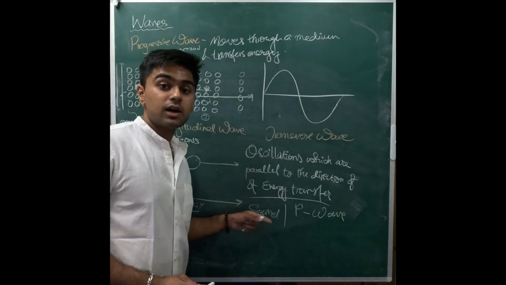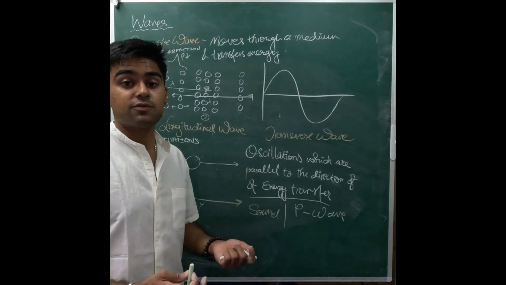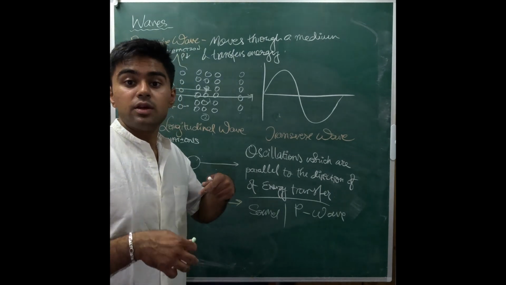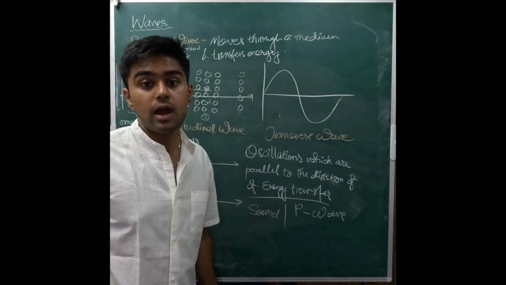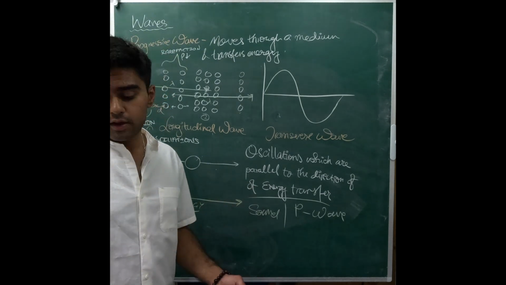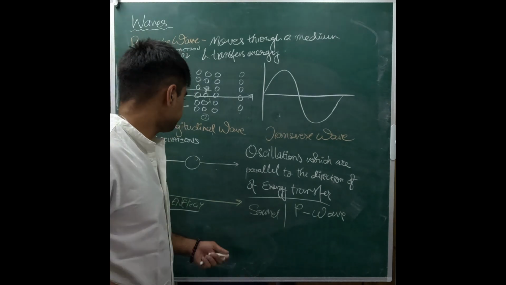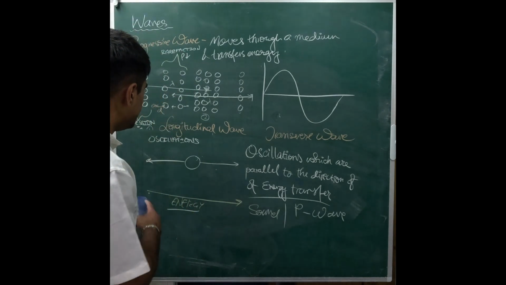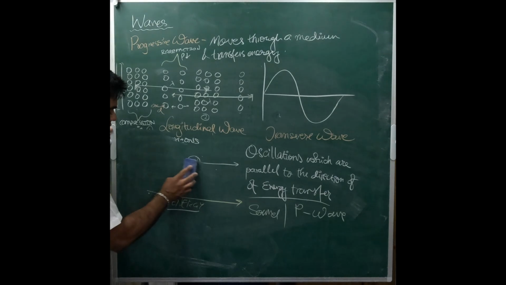P waves are essentially longitudinal waves which are formed during earthquakes, and these are transferred throughout the Earth. So P waves are a less common example of a longitudinal wave. And that's all we need to know about our lovely longitudinal waves.